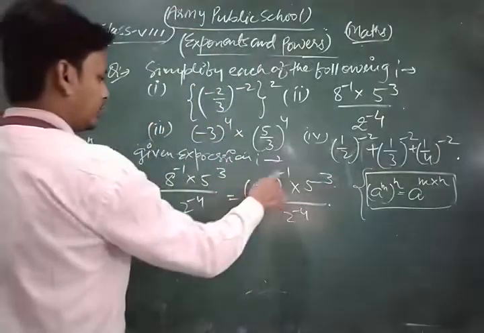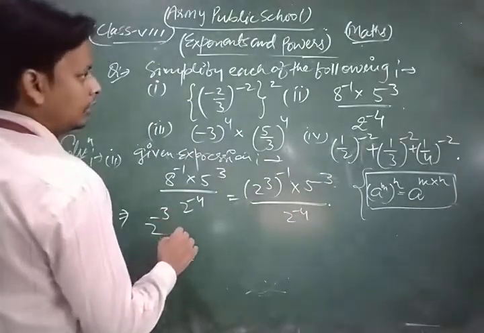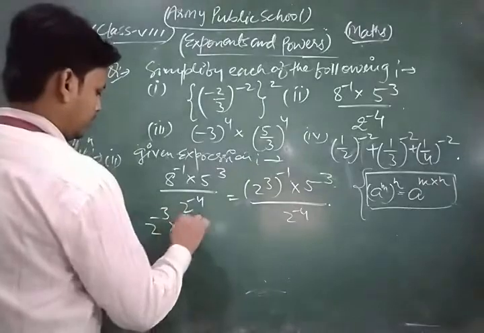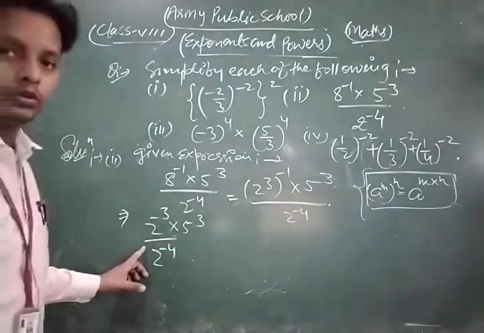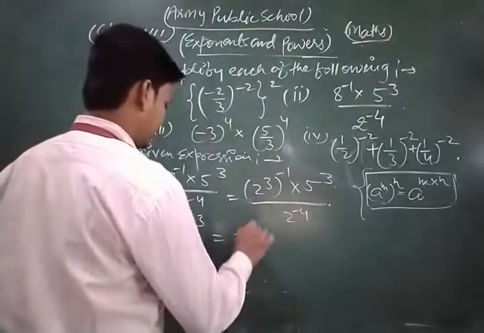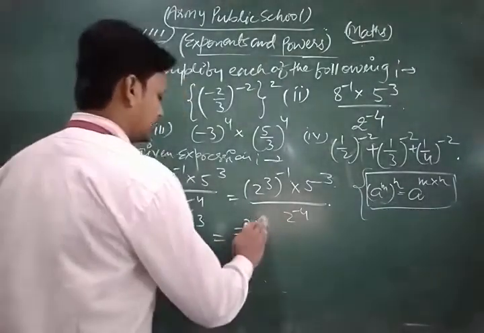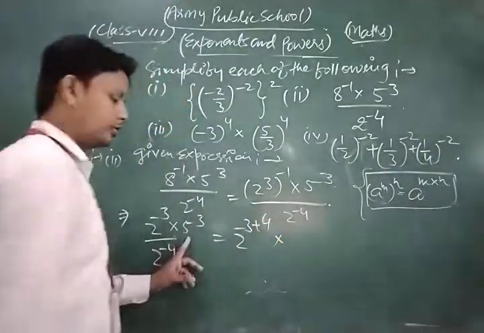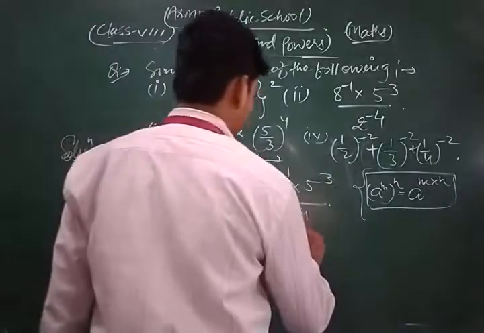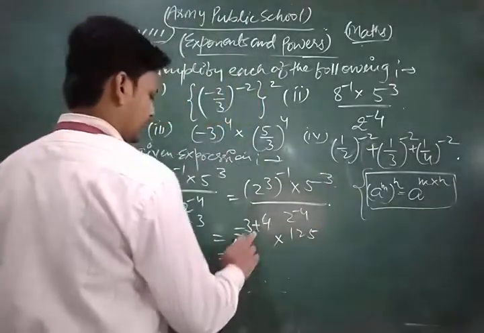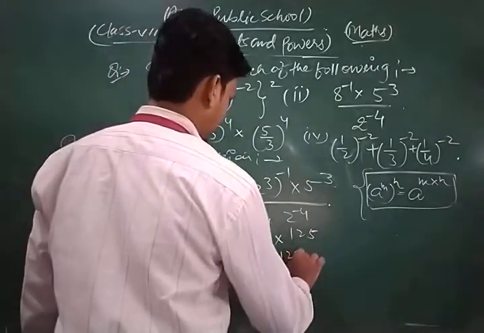So we can write 2^-3 into 5^3 upon 2^-4. According to the laws of exponents, the power becomes -3 plus 4, and 5^3 is 125. So we can write 2^1 into 125.